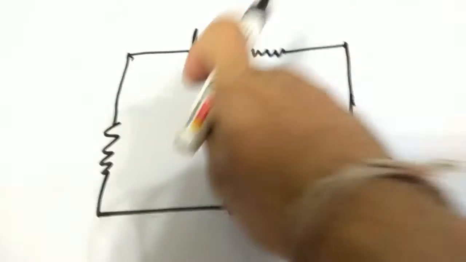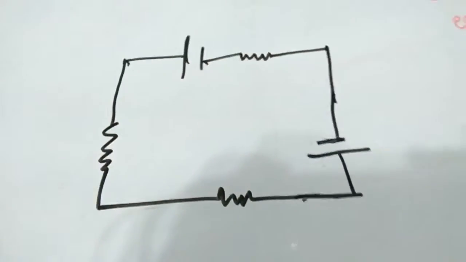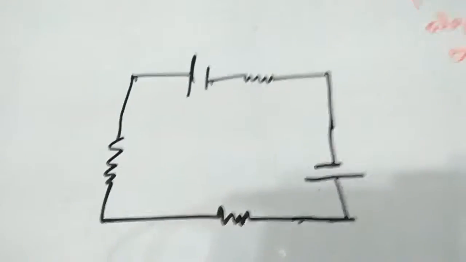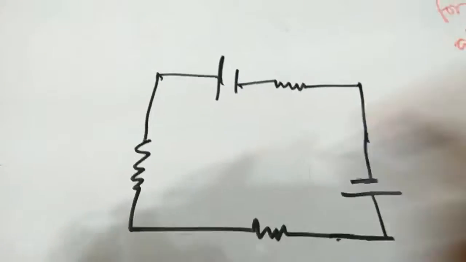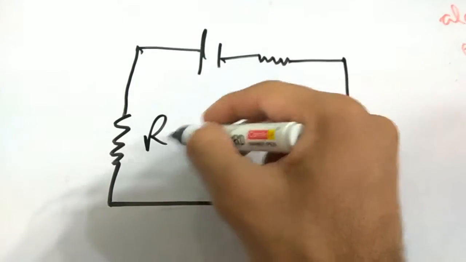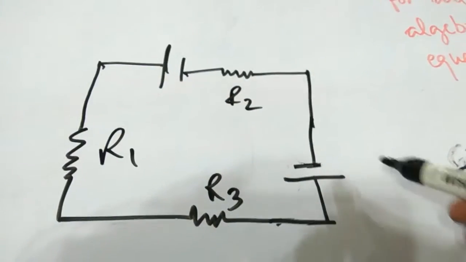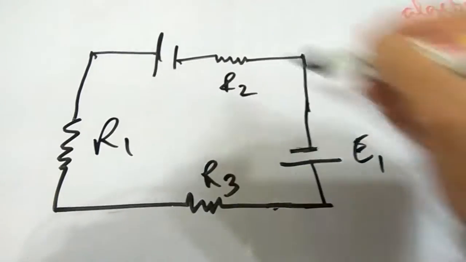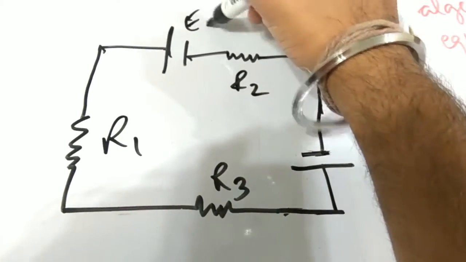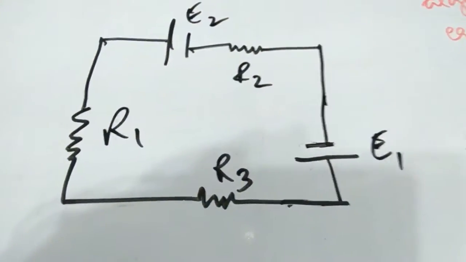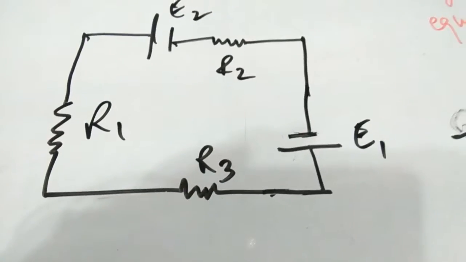These are two cells here. These are resistors, and we are going to name these resistors R1, R2 and R3, and these as E1 and E2. Now we get to the sign convention.